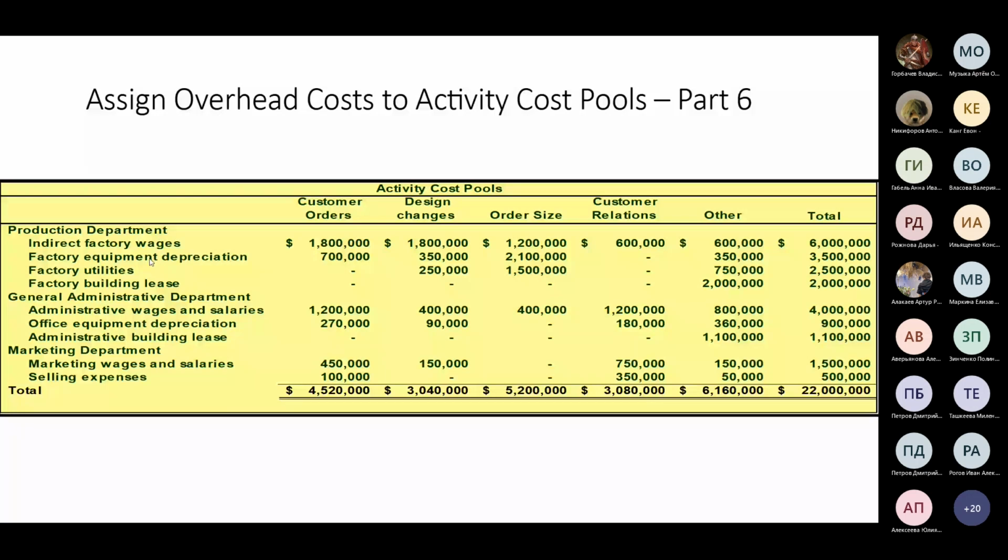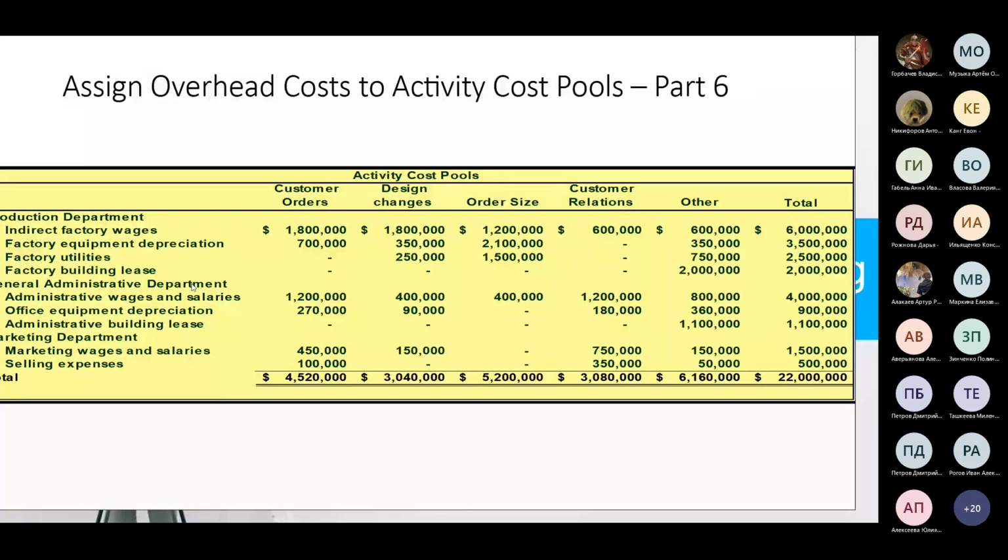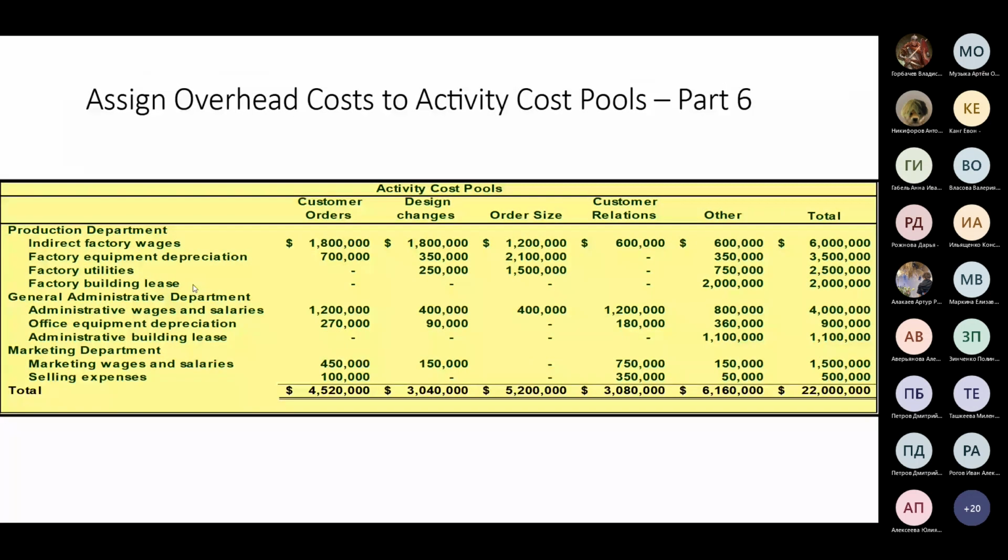And when we split the manufacturing overhead between different activities, it's easier to understand how the process is going on, what indirect expenses are associated with the specified activity, how to manage the costing system, and how to make this process more clear and more profitable for the future.